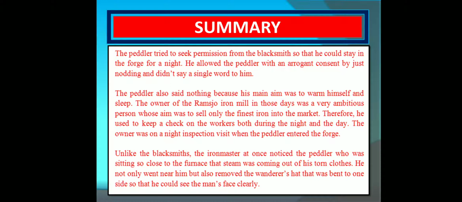Unlike the blacksmith, the ironmaster at once noticed the peddler, who was sitting so close to the furnace that steam was coming out of his torn clothes. He not only went near him but also removed the wanderer's hat that was bent to one side, so that he could see the man's face clearly.